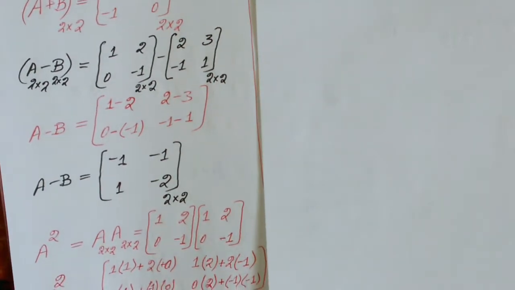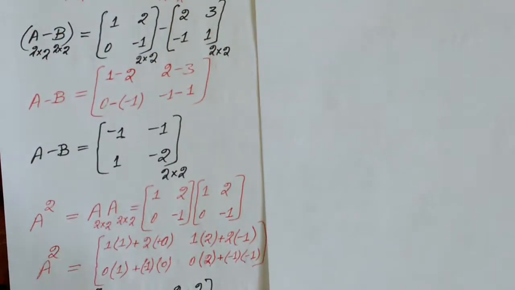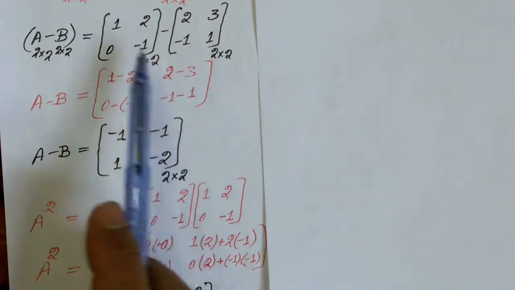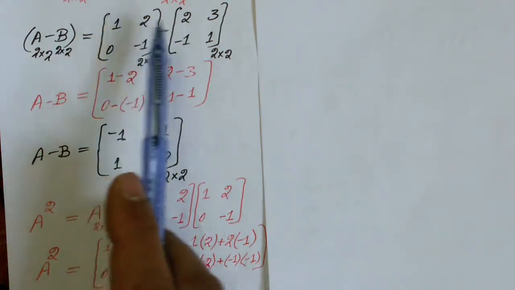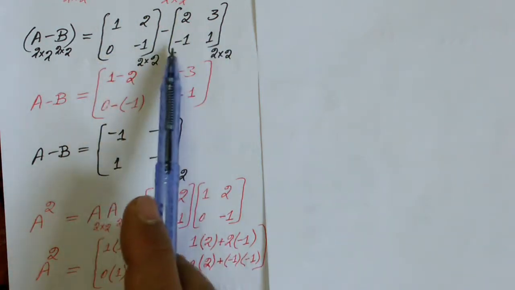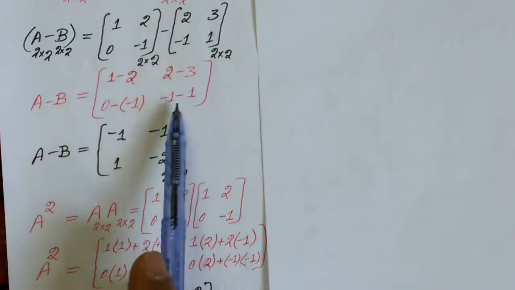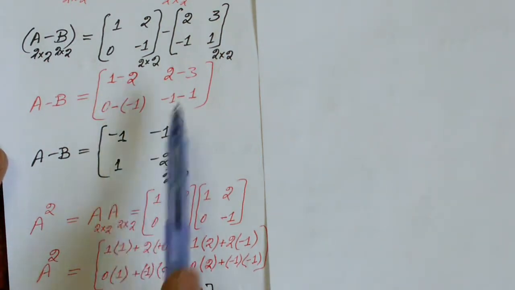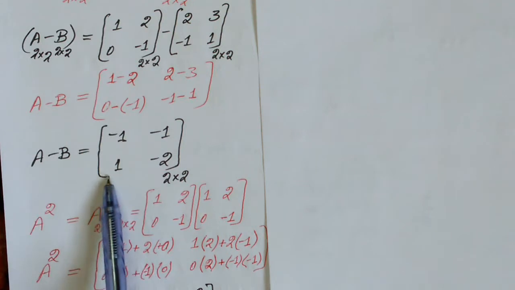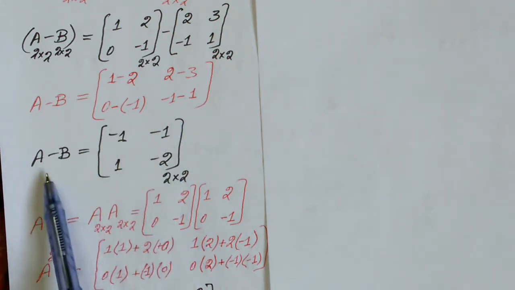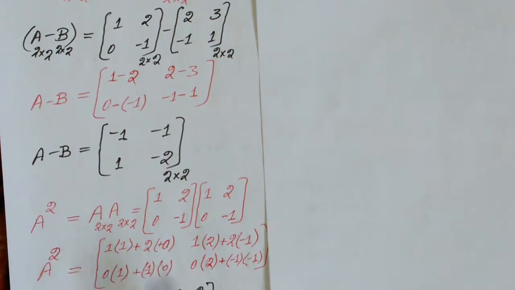So the order of the matrix A is 2 cross 2, and the order of the matrix B is also 2 cross 2. Subtract the corresponding elements. After the simplification, we get minus 1, plus 1 and minus 2, which is equal to A minus B.